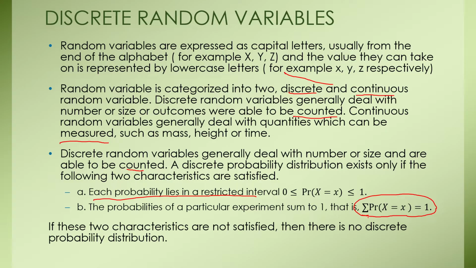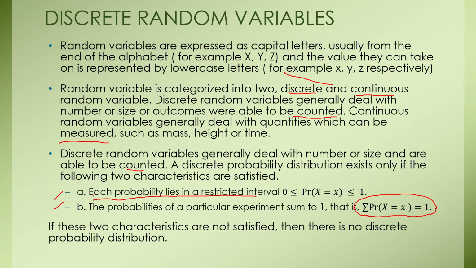If these two characteristics are not satisfied, then there is no discrete probability distribution. These are the characteristics that should be met in order to be categorized as a discrete probability distribution.